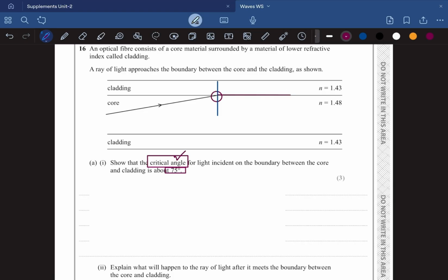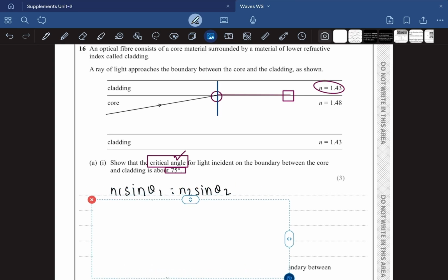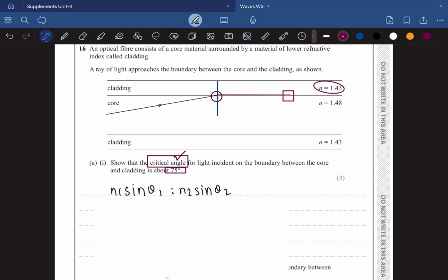And when it is perpendicular to the normal, we know the formula n1 sin theta 1 equals n2 sin theta 2. Here n2 is the refractive index of 1.43, and sin theta 2 is going to be sin 90. Why sin 90? Because it is perpendicular to our normal.